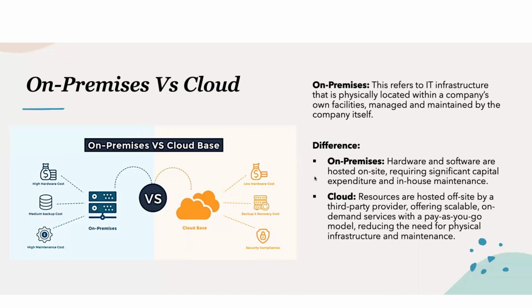The difference between on-premises and cloud is that on-premises is where companies are still responsible for all of their IT infrastructures physically, versus the cloud, where everything is now automated and managed by a cloud service provider, and you just access these resources over the internet. And that is the big difference between on-premises versus cloud.